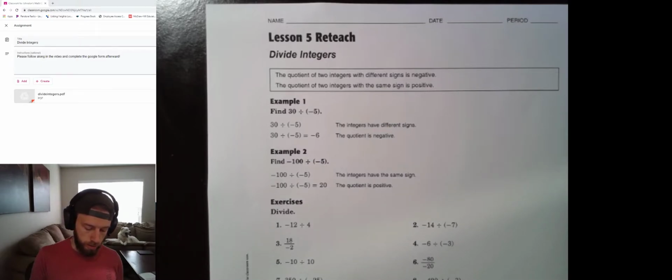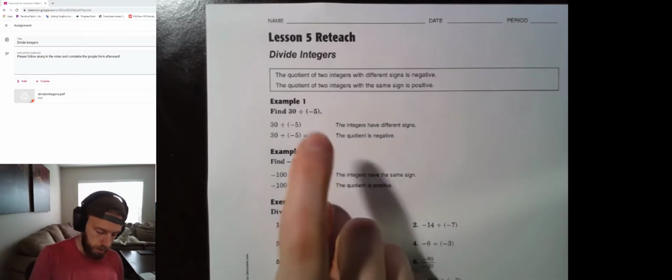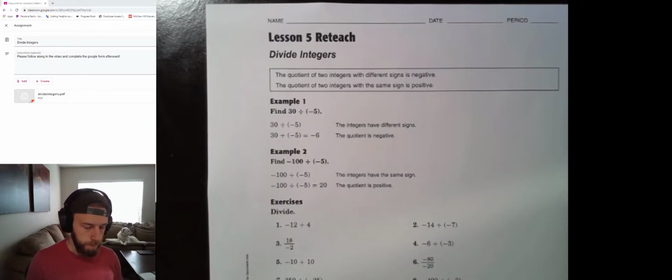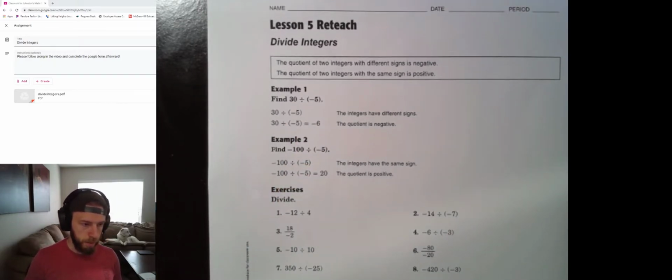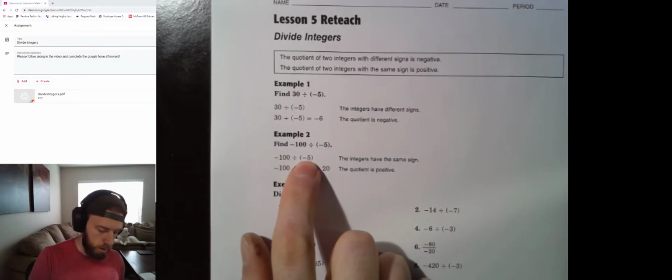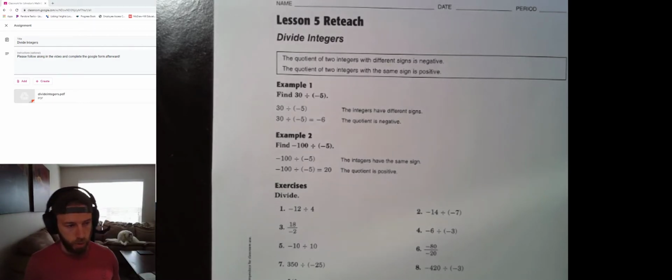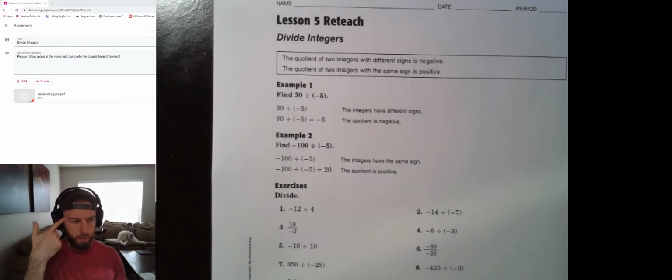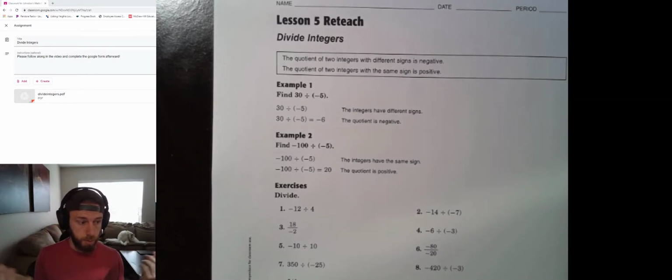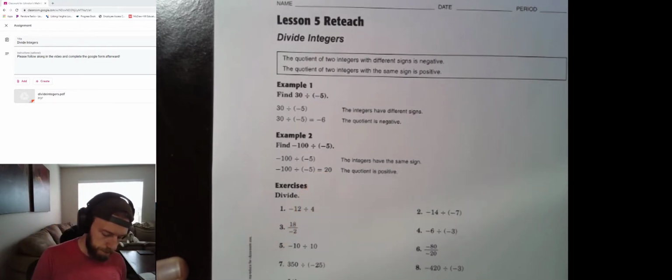So the answer should be negative 6. Example number 2: negative 100 divided by negative 5. Both of these numbers are negative, so when you're dividing two negative numbers, your answer is going to be positive. We know 100 divided by 5 is 20, and it's positive, so the answer should be 20.